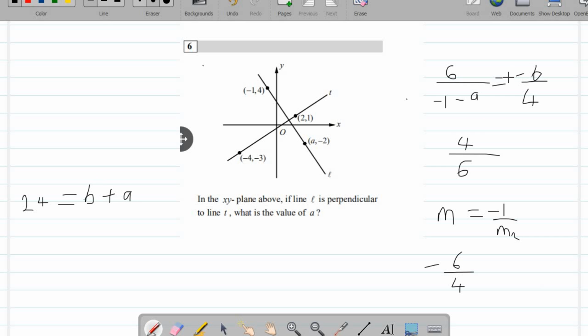That thing is not b, sorry, it's 6. I wrote it funny. Minus 6 times minus 1 is 6, and then minus 6 times minus a is plus 6a. Yeah, so we have plus 6a. Okay, 24 minus 6 will give you 18. 18 is equal to 6a. So already a is equal to 3.